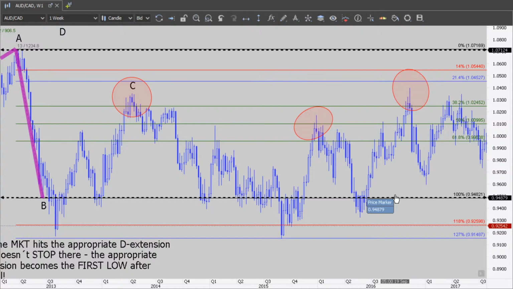Which one is the correct C? Oh, right. This is how the market moves inside the AB boundary before the market hits the appropriate D extension. Number 3, correct. So we are going to adjust our C, right?